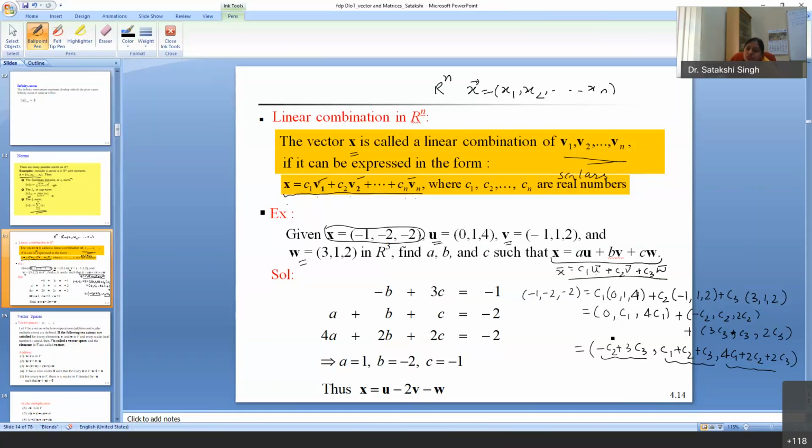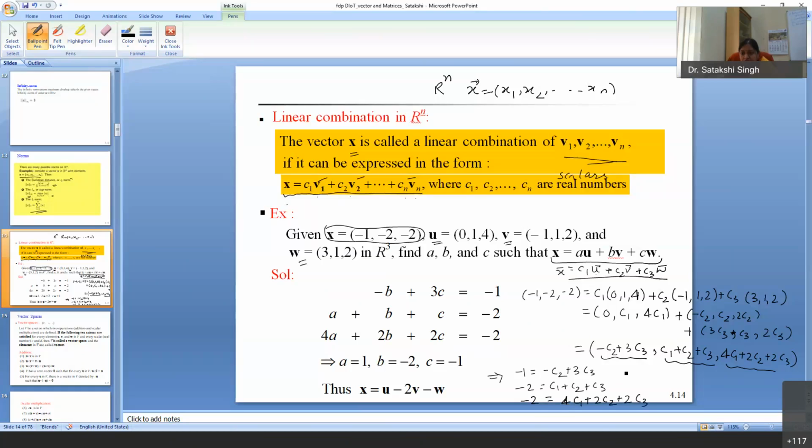As these two vectors are equal, their corresponding components should be equal. It implies that -1 should be equal to minus c2 plus 3c3, then -2 should be equal to c1 plus c2 plus c3, and the last component, -2, should be equal to 4c1 plus 2c2 plus 2c3.